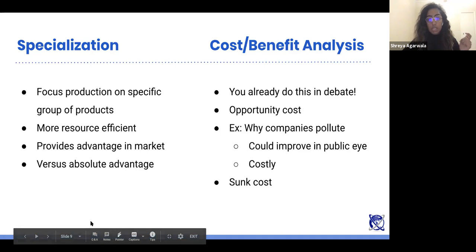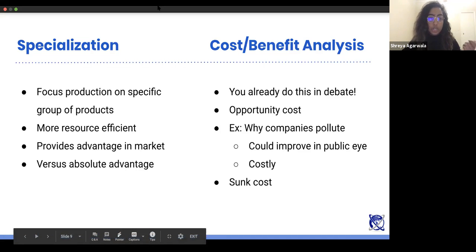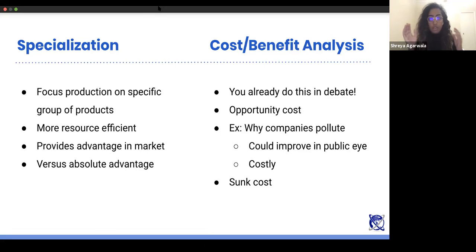It's something that you cannot change, and you can't go back and do anything about, so you just kind of ignore it because it's no longer relevant to the way we make decisions. So an example, and a common one that economists like to use, is going to an all-you-can-eat place. You've already made the decision to purchase a ticket to the all-you-can-eat bar.